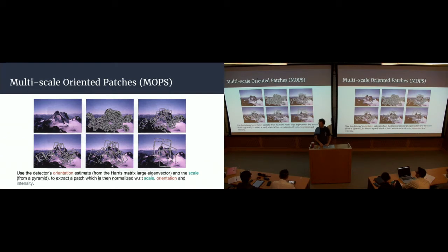Professor? Yes. How to choose this scale? How to choose these patches? So we just saw a number of detectors, right? These are corner detectors or blob detectors. It doesn't have to be corner. We saw some that are blob detectors, that would find things that are round, kind of.